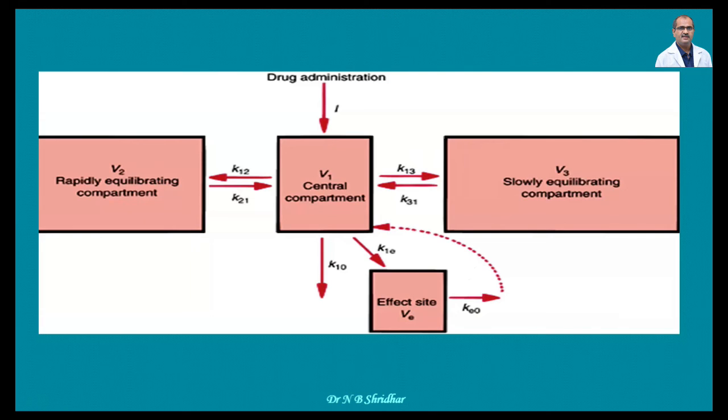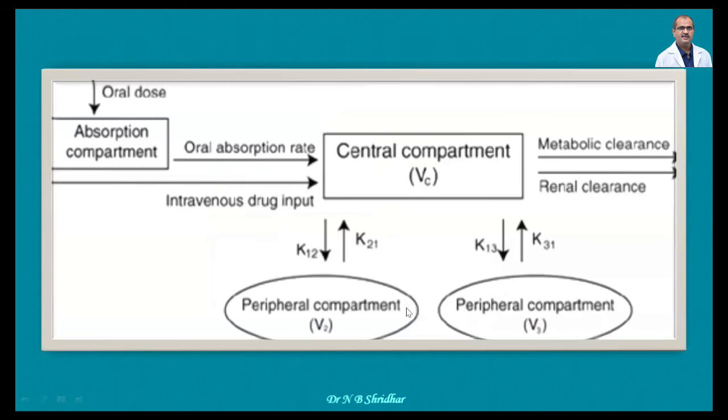So all these things will affect the drug concentration at the effector site or target site. That is very, very important, to maintain the concentration of the drug in the effector site.